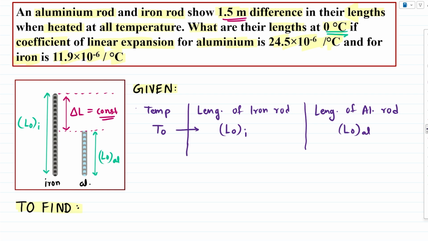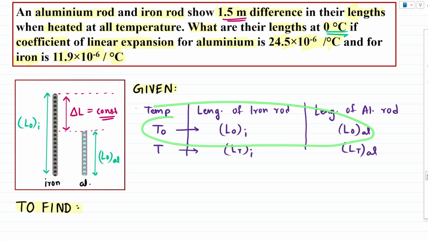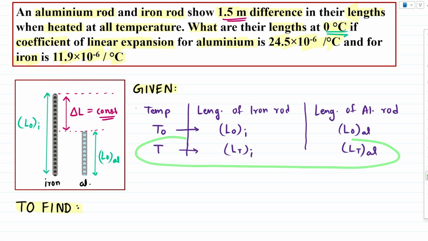And let's say when the temperature is any temperature, let's say T degrees Celsius, at that point the length measured for our iron rod, I denote as LT of I, and the length measured for our aluminium rod, we define as LT of AL. So these are the 6 quantities we have defined. One set of quantities is for 0 degree Celsius, and the other set is for any temperature T.